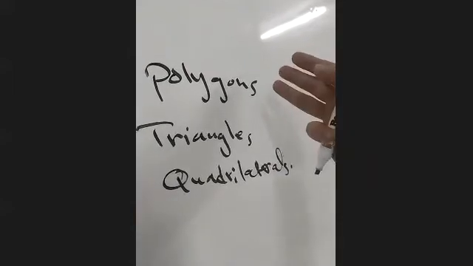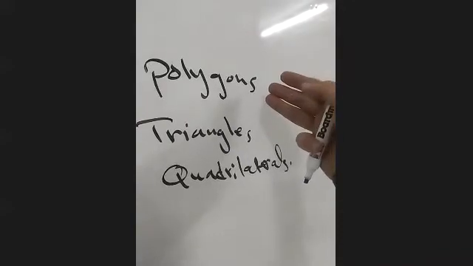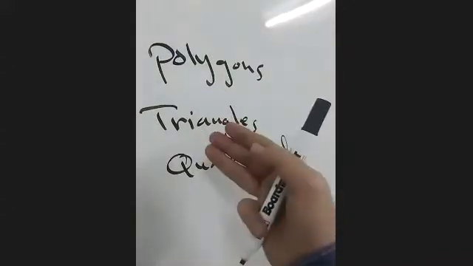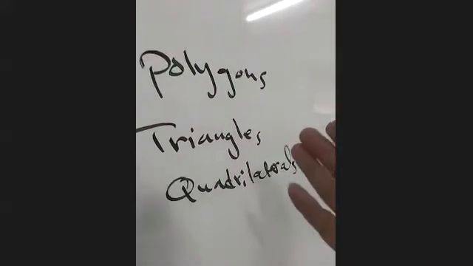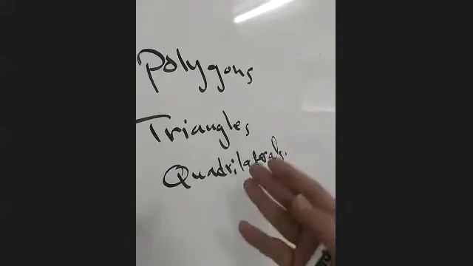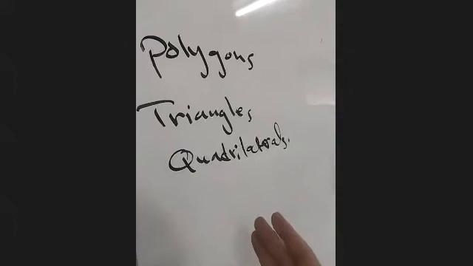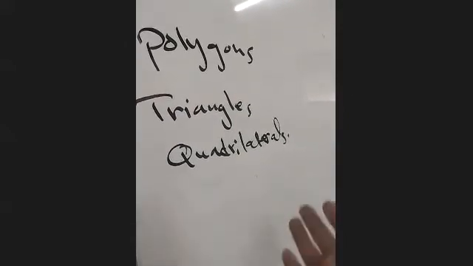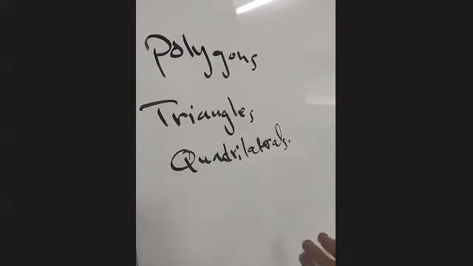Any polygon is a closed figure made of line segments that do not intersect each other. For triangles, we took classifications: isosceles, equilateral, scalene, acute, right, and obtuse triangles. In quadrilaterals, we also took classification: parallelograms like rectangles, squares, rhombuses, and trapezoids.